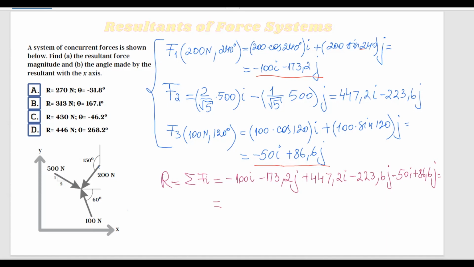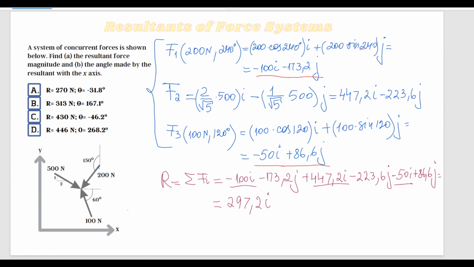I'm going to first add everything, the I components. So I have 100 minus, I have 50 minus, add them up. And then I have 447.2 plus. So the I component, I get 297.2 I. Then let's calculate the J components.